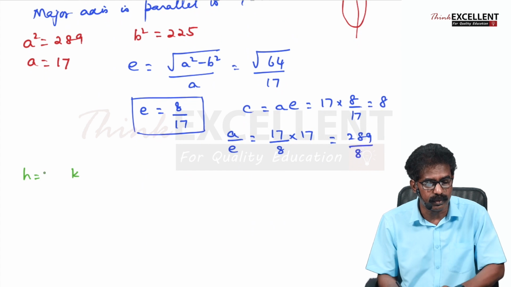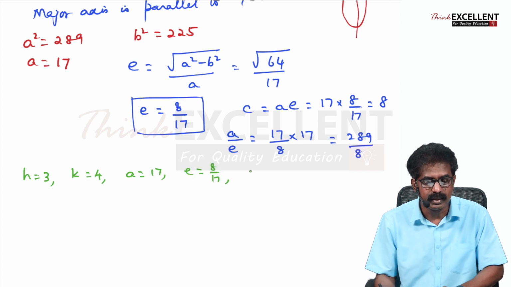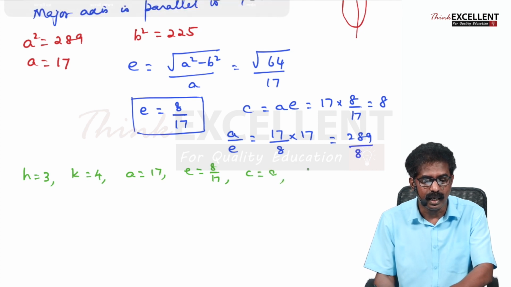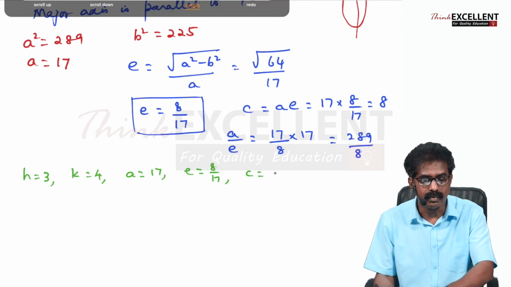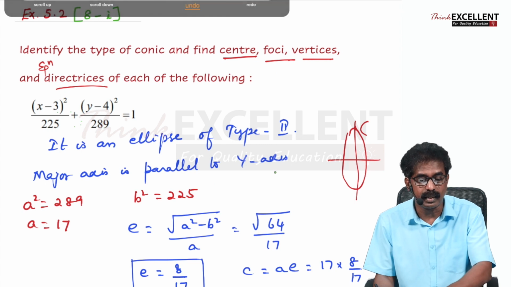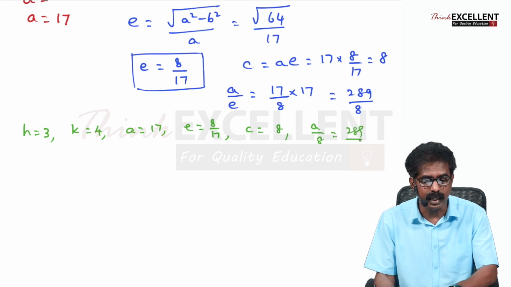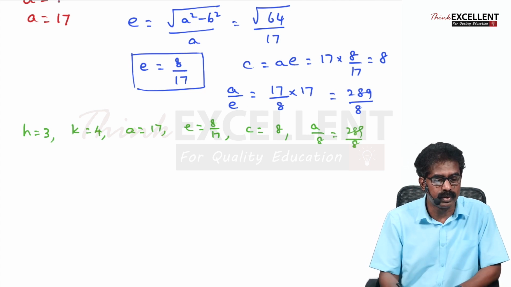So 3, 4. A value 17, E value 8 by 17, c value is 8, and a by e is 289 by 8. Okay, so these are the required values. Now we do one by one.